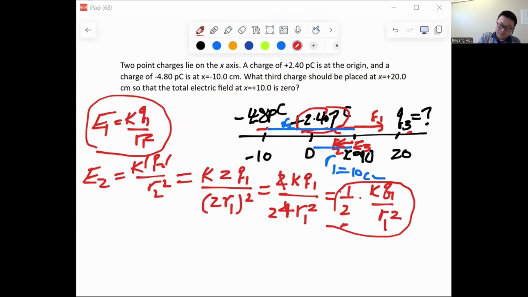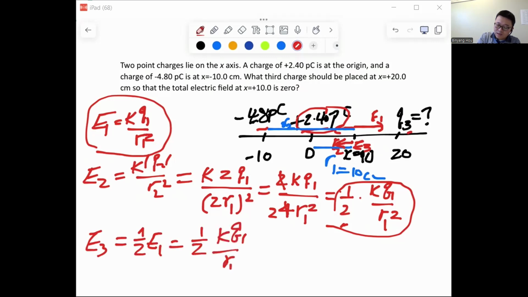Okay, so we can see that E3, its magnitude then should be also just 1/2 of E1, which would tell you this should be just 1/2 of kQ1 over R1 squared.